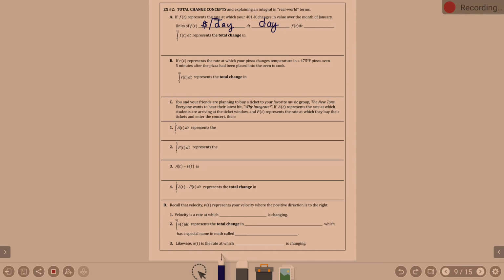Well, that means f of t dt. f of t is the function we're talking about, which is money. So that is your money portion there. Okay. Now, as you look at that specific integral, the integral of f of t dt from 1 to 31 represents the total change in what?